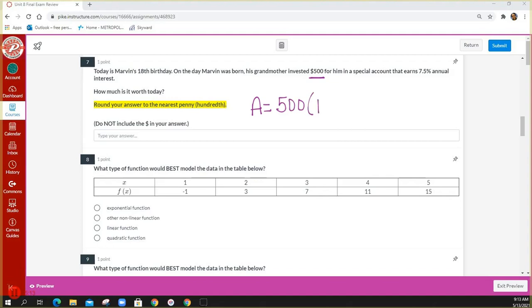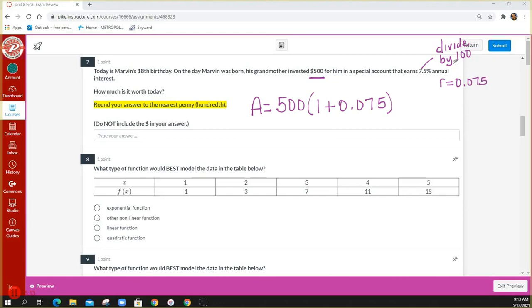So that would be 1 plus 0.075. So you always just divide by 100 to convert that to a decimal. And that's going to give you your r value of 0.075.